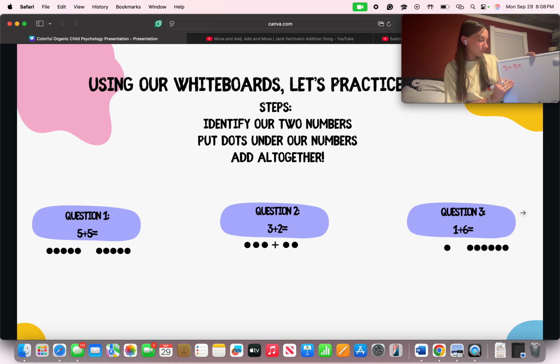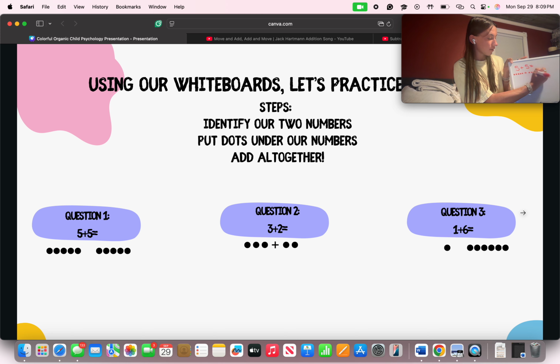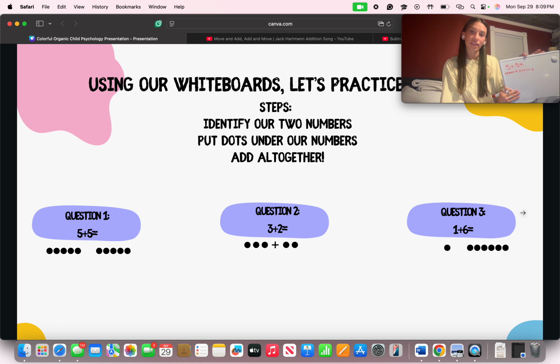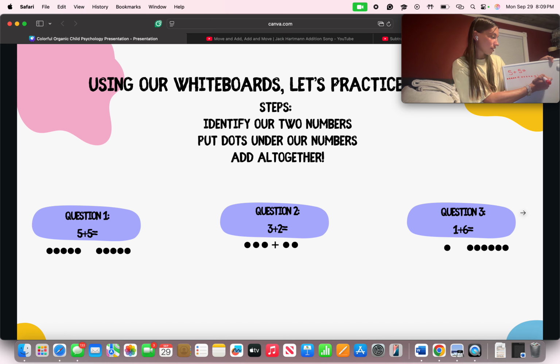Using our dot method, we're going to do 1, 2, 3, 4, 5 plus 1, 2, 3, 4, 5. And when we add all these dots up and count them all together, that will give us our sum. So 1, 2, 3, 4, 5, 6, 7, 8, 9, 10. That means 5 plus 5 equals 10.